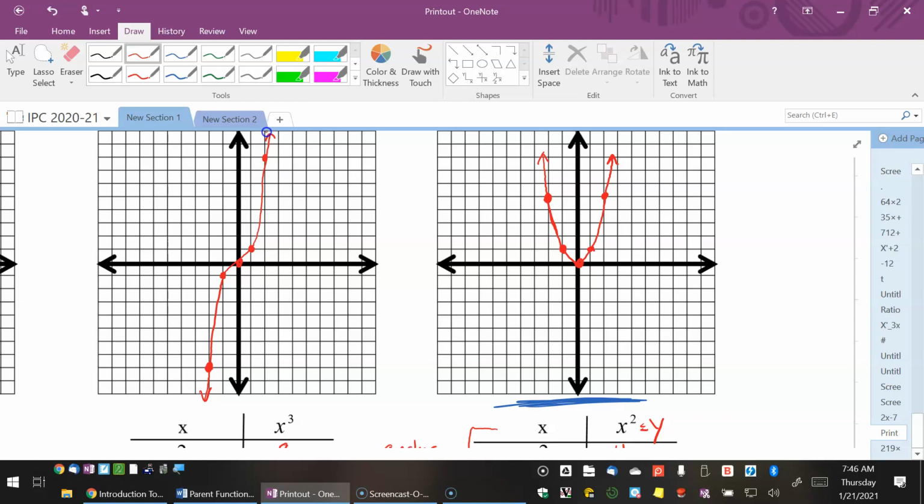Tell your neighbor what the domain and range of x cubed are.